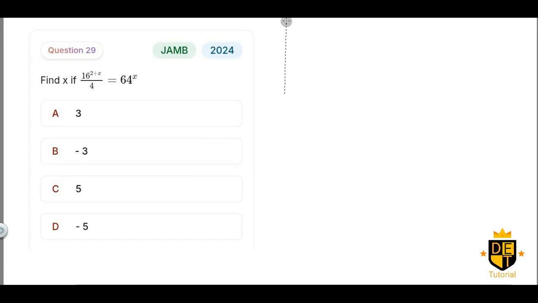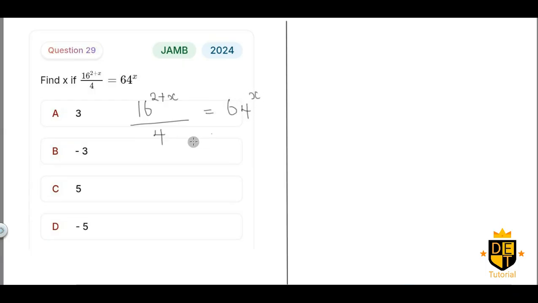Let's get into it. The question is to find x if 16 raised to the power of (2 plus x) over 4 is equal to 64 raised to the power of x.